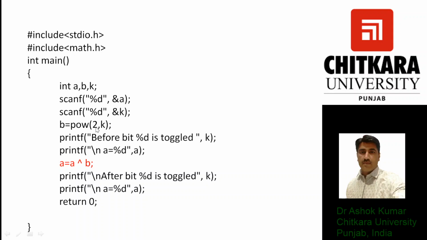We are finding 2 raised to power k, and through this line that is red in color, we are performing the XOR operation on A and B. In A we have the actual number, in B we have a number that is 2 raised to power k. So when you XOR, as I have shown in the previous slide, the kth bit will change from 1 to 0 or from 0 to 1.